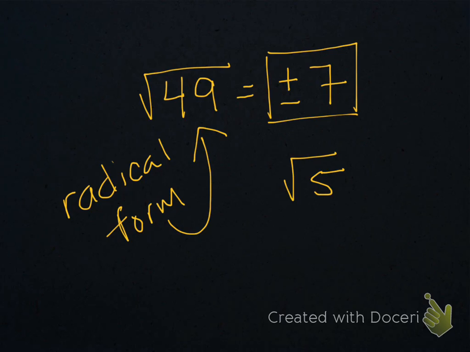But what if you're asked to give the answer in decimal form? What do you put? Well, you would type in to your calculator, square root of 5, enter, and the calculator is going to give you a decimal. Now, the square root of any number that is not a perfect square is irrational. Irrational means a number that is expressed as a decimal that is never ending, meaning it does not terminate and it does not repeat or show any pattern of repetition.